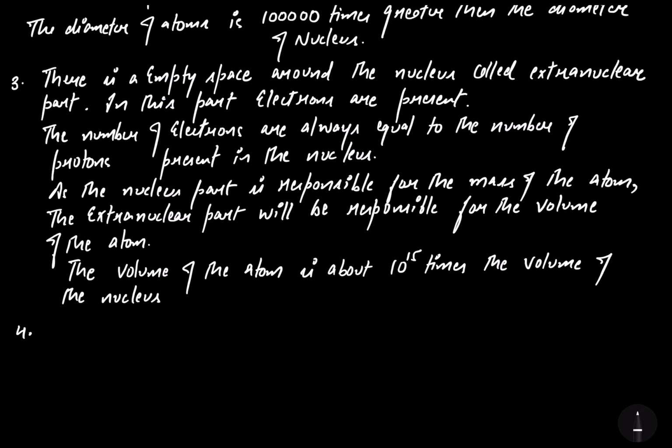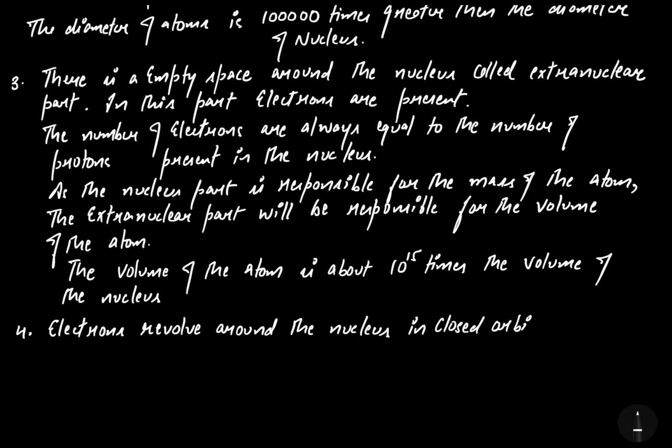So I'm writing: electrons revolve around the nucleus in closed orbits with high speeds.